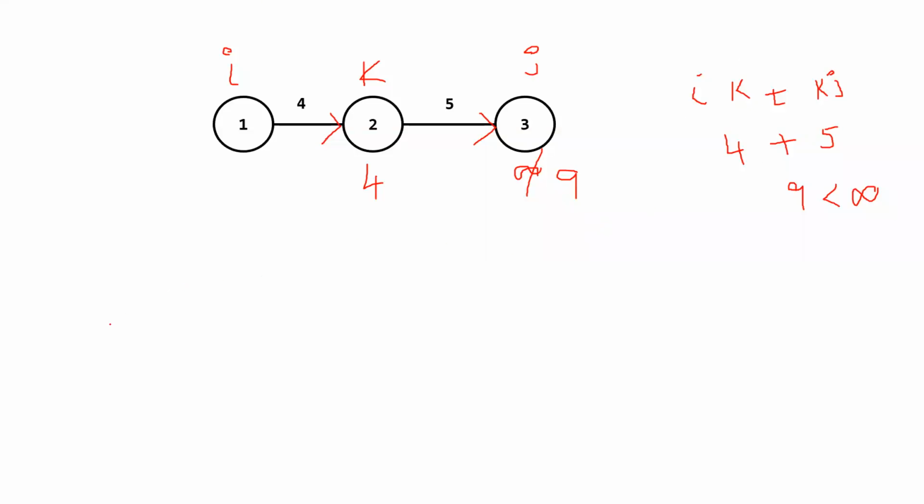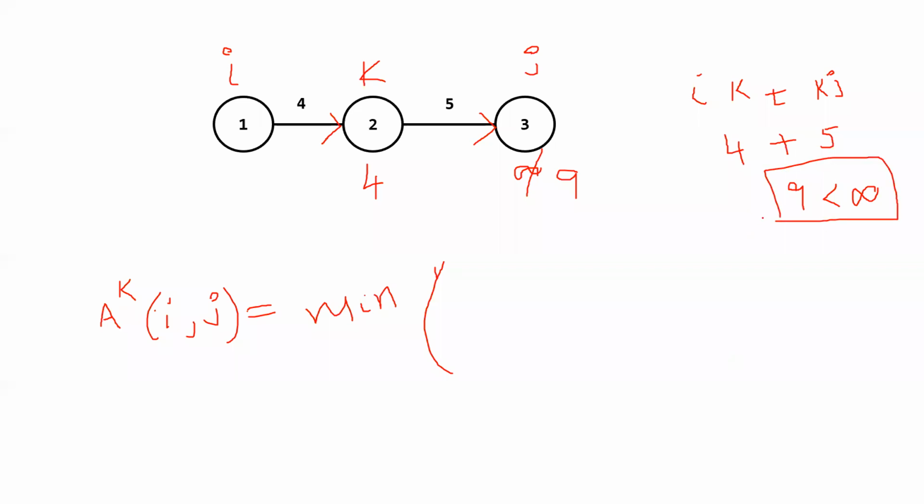And the formula is, if you want to find out the new distance from some node i to some node j, then you have to find the minimum value among two values.